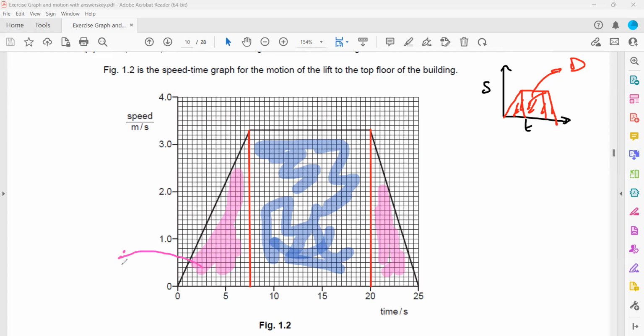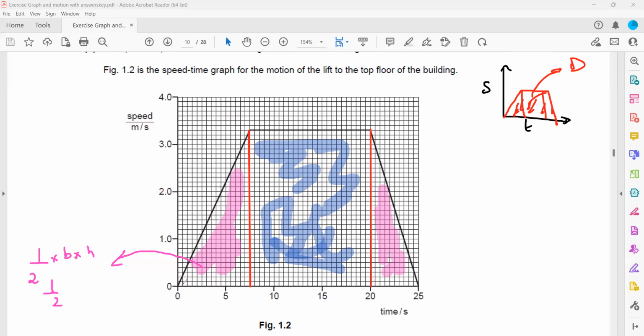So what is the area of the triangle? The formula for the area of a triangle is half base multiplied by height. So it will be half. What about the base here? This is the base of the triangle. When you check, 10 boxes equal 5: 1, 2, 3, 4, 5, 6, 7, 8, 9, 10.